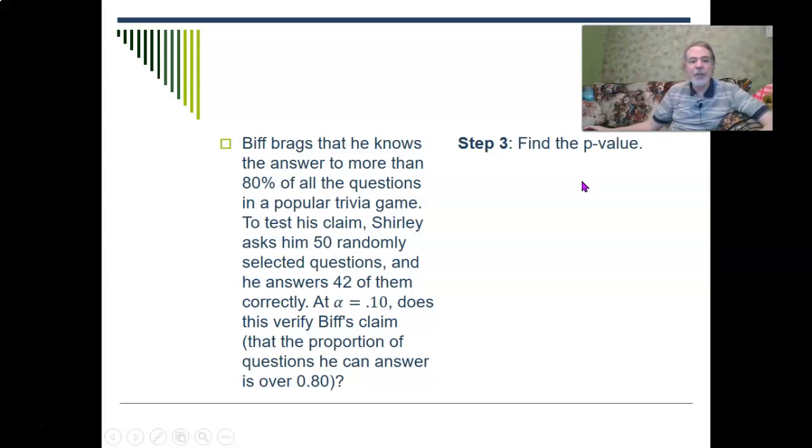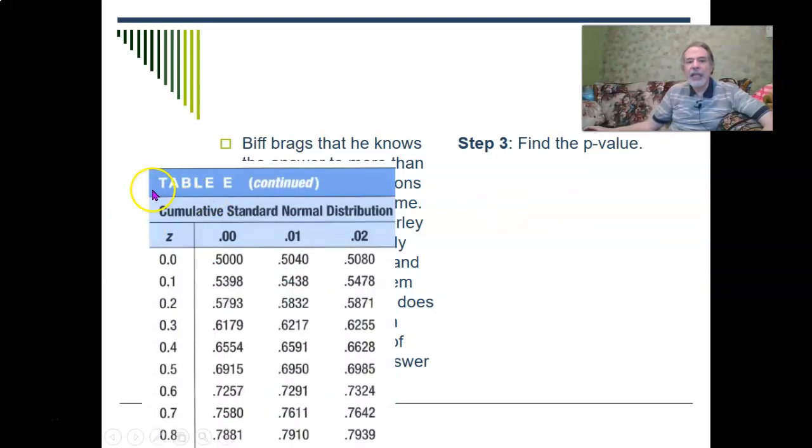That came out to be 0.71. And then we would turn to table E, and we would look up the z-value that we just found, 0.71. And the number on the table is 0.7611.